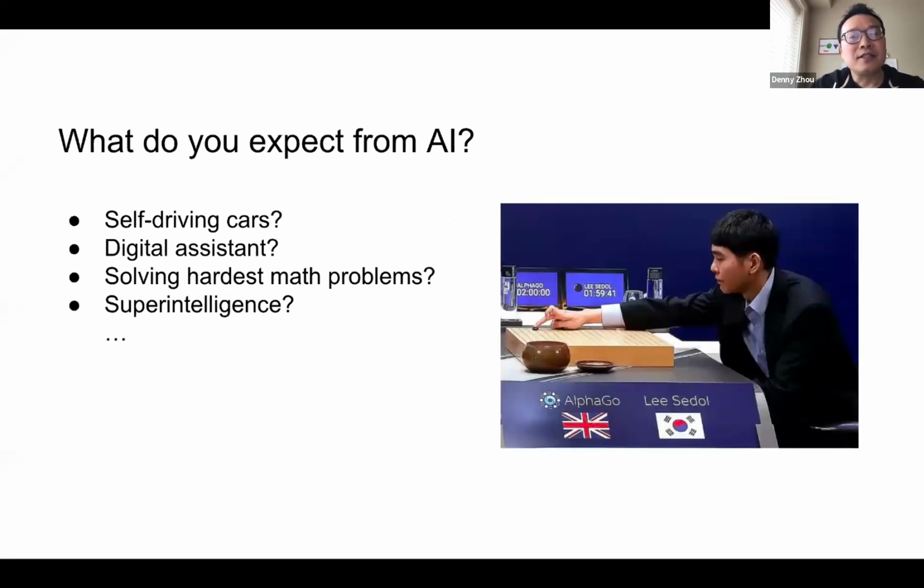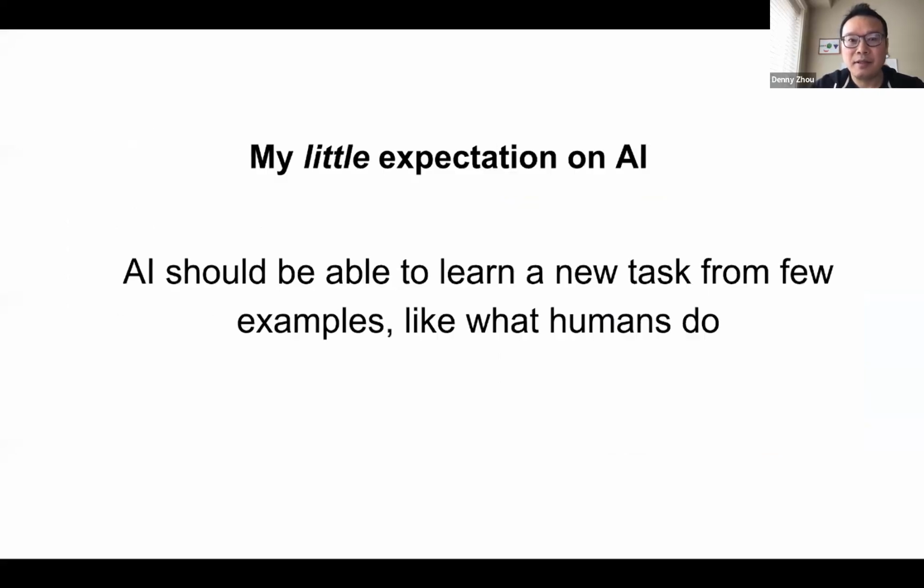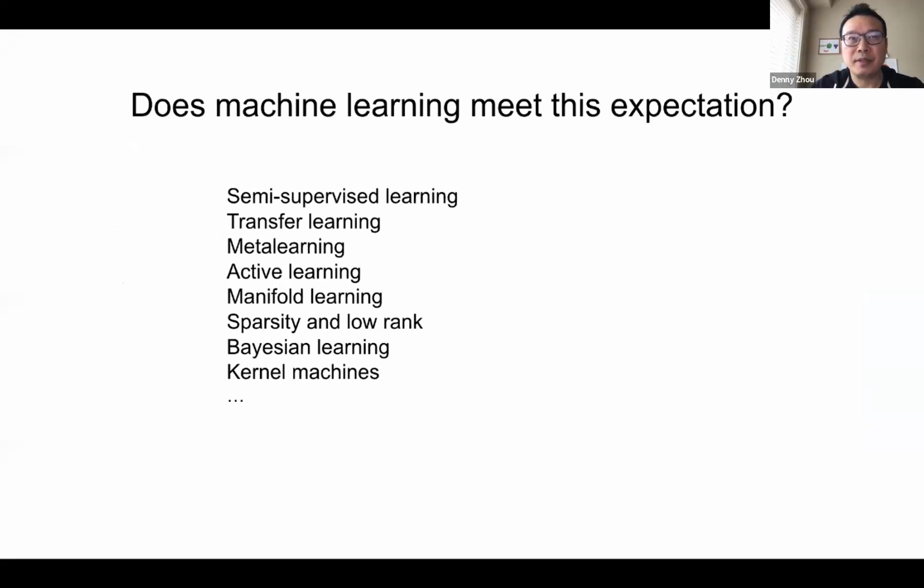Let's first spend a few seconds to think about what you would expect from AI in the future. The possible options could be self-driving cars, digital assistants, and so on. To me, I actually have little expectation from AI. AI should be able to learn a new task from few examples, like what humans usually do.